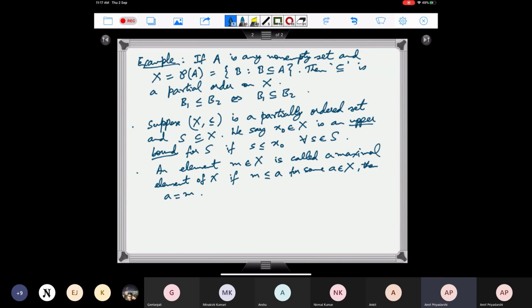So a maximal element means that there is no element which is strictly bigger than this element M. So note that we can have many maximal elements for a partially ordered set.